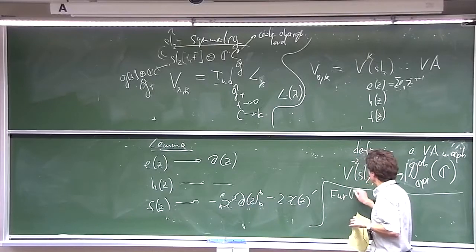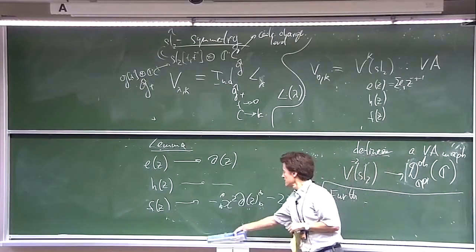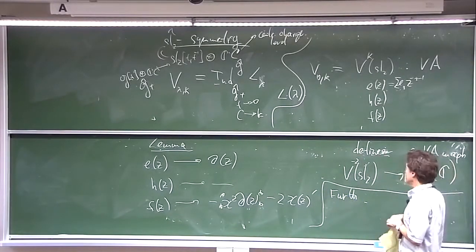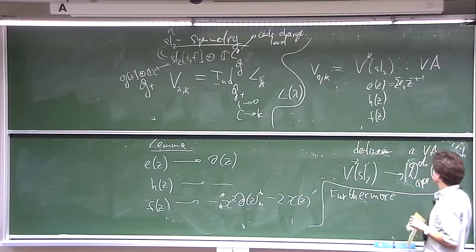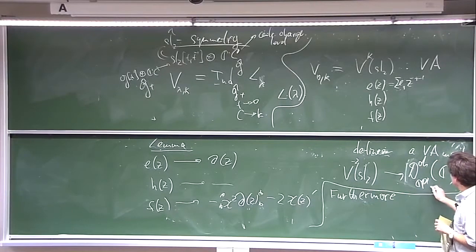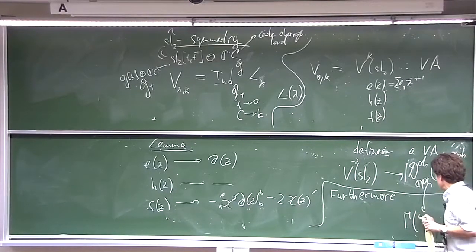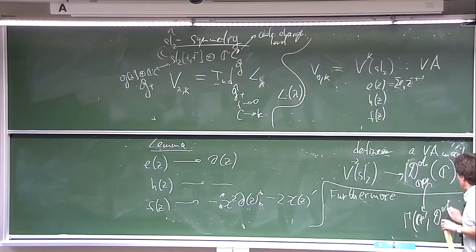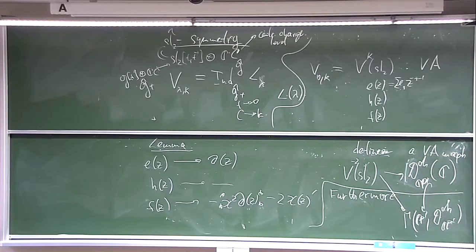Furthermore, this map factors through the inclusion of this space into the space of global sections. So actually, this is an embedding into the space of global sections, which gives an SL2 hat structure of the whole sheaf.